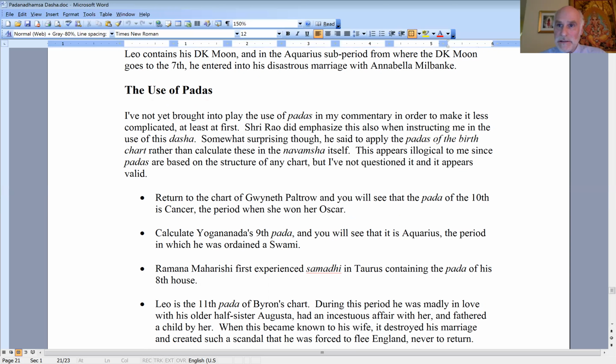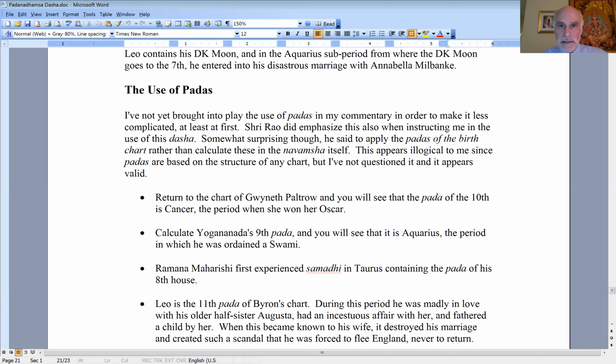And the idea here is that if you're running the sign of some pada, for example, the pada of the 7th house, we saw earlier in the Essentials of Jaimini course that this can be a time that can bring marriage, or you can run the pada of the 5th house, P5, and this could make it eligible for bringing children.